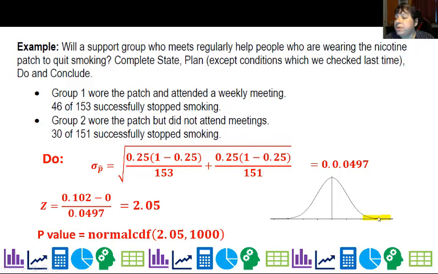I knew that I wanted to go to the right because my alternate is that this difference is greater than 0 when I go group 1 minus group 2, so greater than is to the right. And I get a p-value of 0.020.